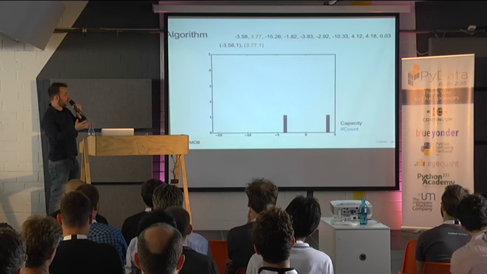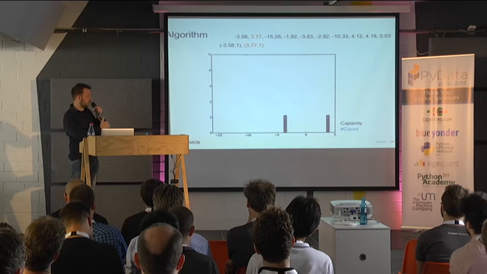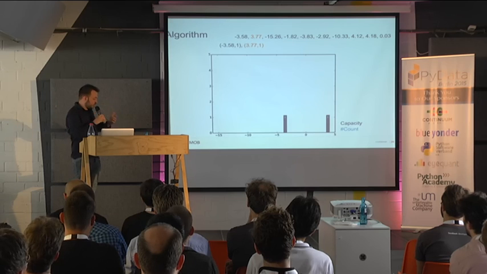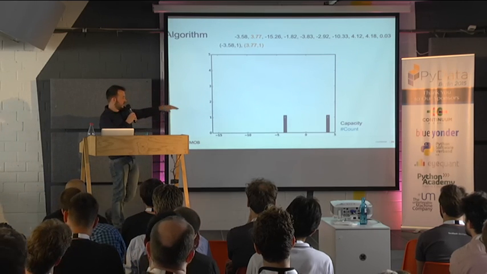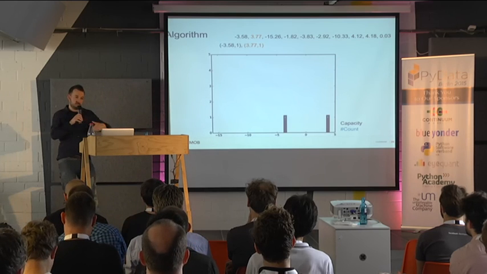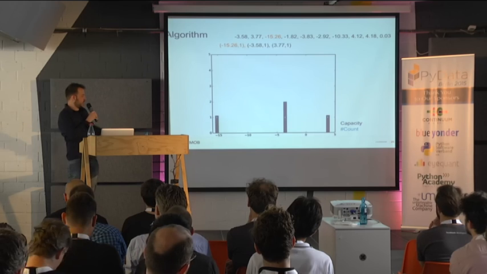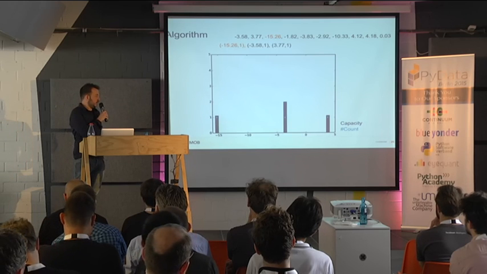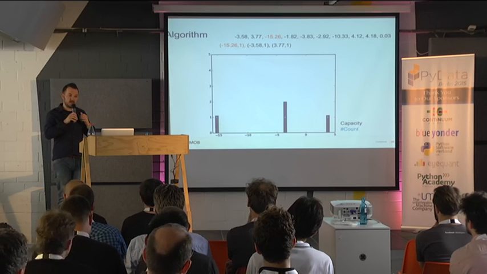The same happens for the third number, minus 15.26. If we add it, we try to find the closest one, which is here the left one, but it still has a limited capacity, so it's not able to take a new value. So we create a third centroid, and now something interesting happens, and that's mainly the idea behind t-digest.